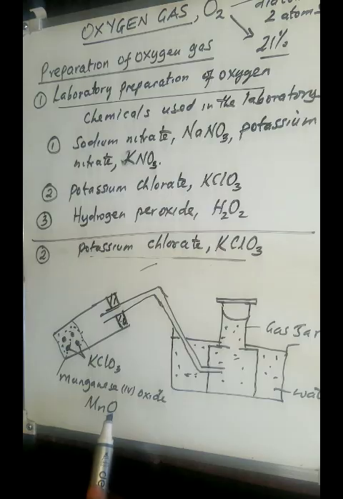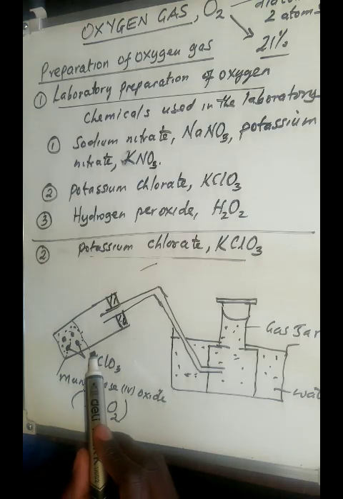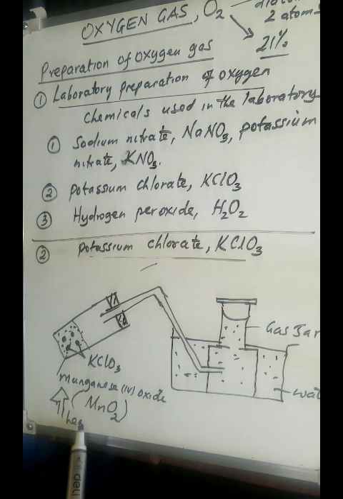Remember, the formula for manganese 4 oxide is actually this one that I've written there. So that is what is going to be happening. Now overall, what is going to happen is that, remember we did say you need to subject this to heat. So somewhere here you need to supply the heat. So it is going to be heated. So we can say the heat source.